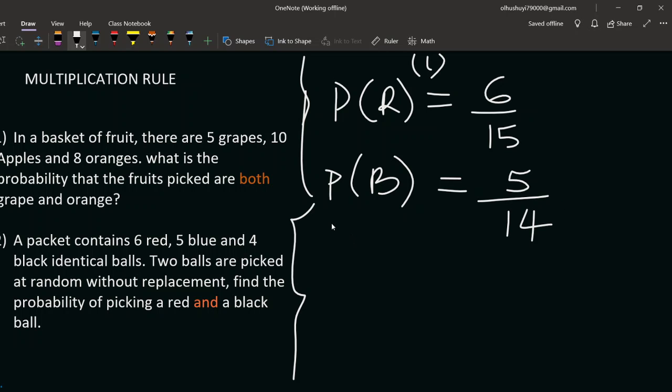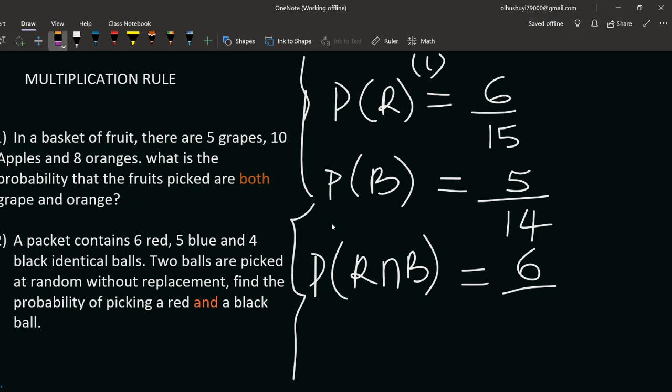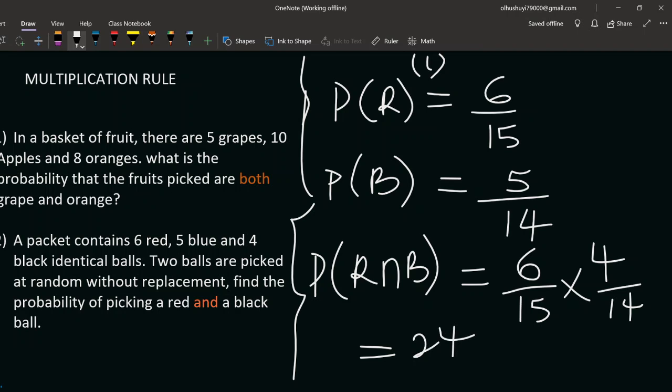So event A has affected the occurrence of event B. So the probability of R and B is still what you know: probability of A times probability of B, 6 over 15 times 4 upon 14, and that becomes 24 upon 15 times 14, which is 210.